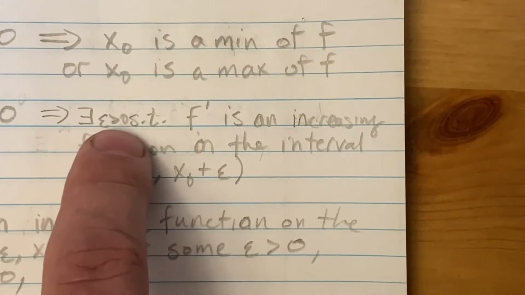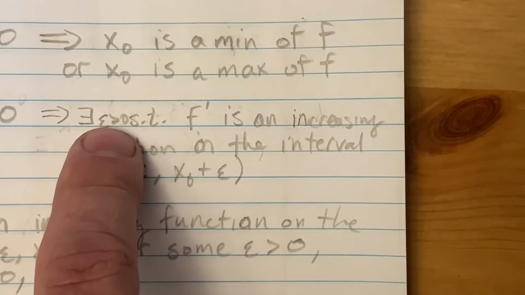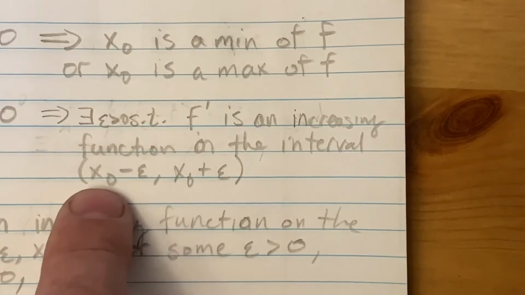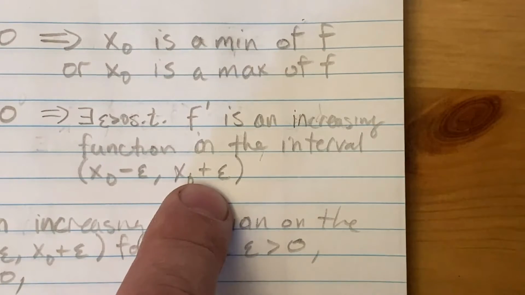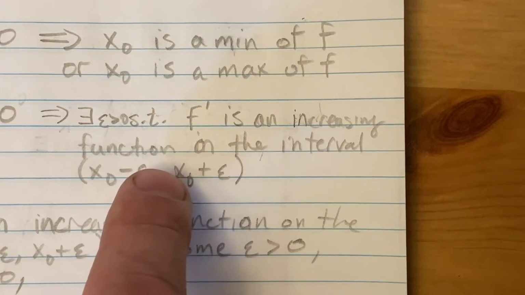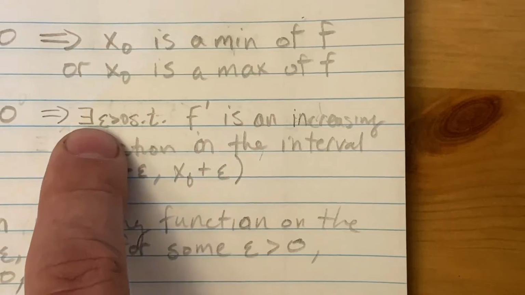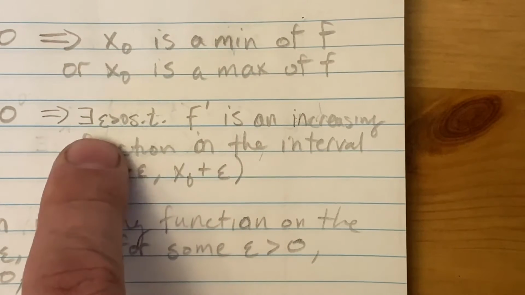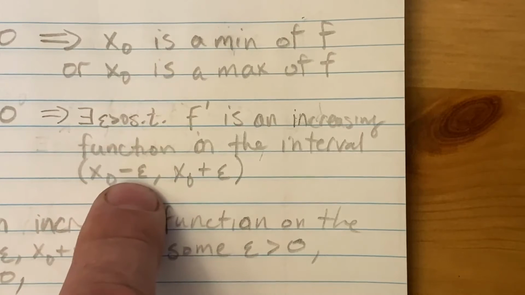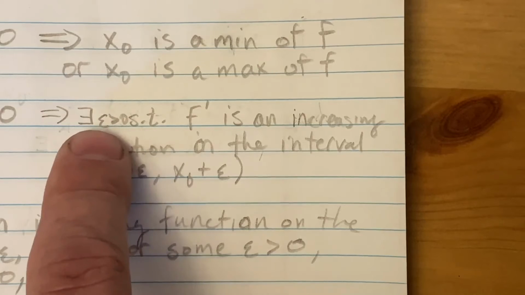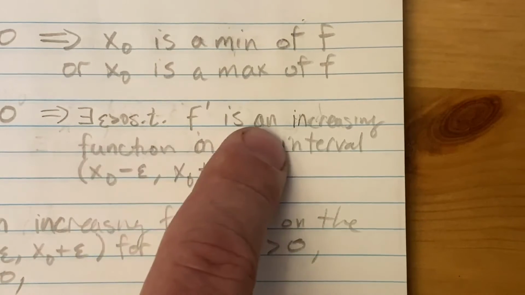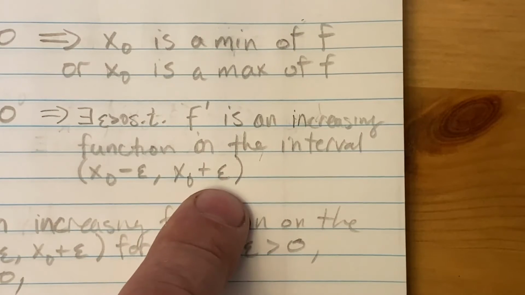Basically the restriction here is that epsilon is positive, so this is going to be a number smaller than x naught, and this will be a number bigger than x naught. So this is a totally valid interval. And basically what we're saying is that there is some epsilon, not all epsilon greater than 0, but for some, this is true, okay?